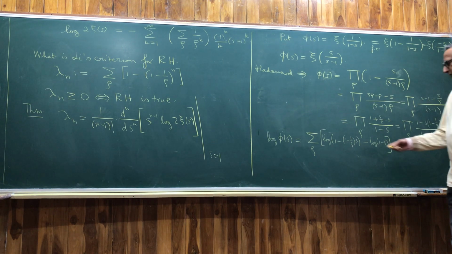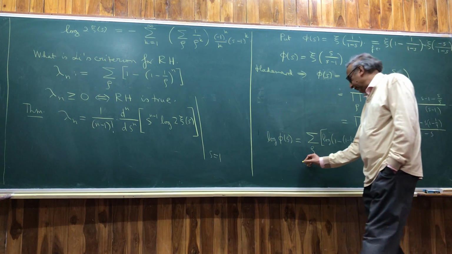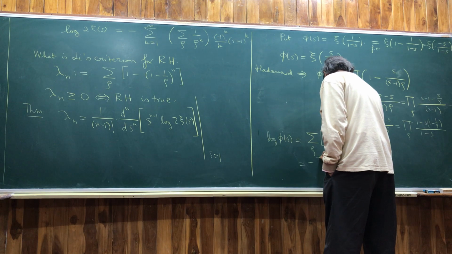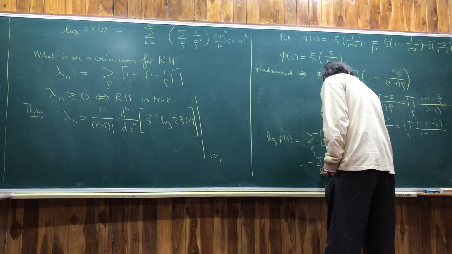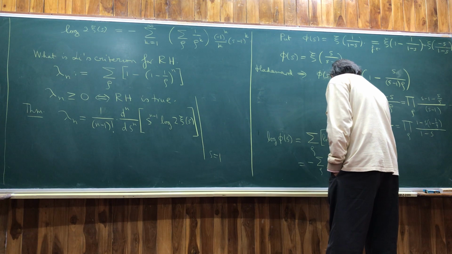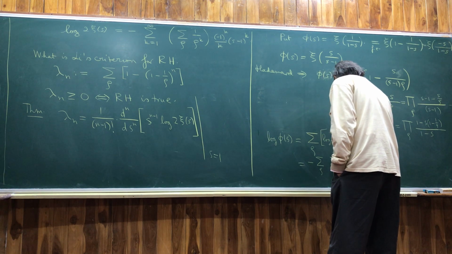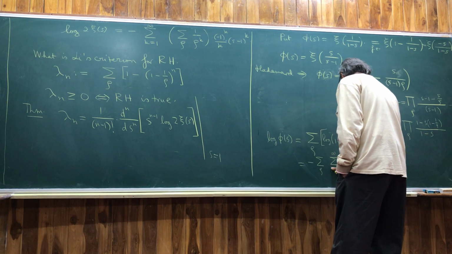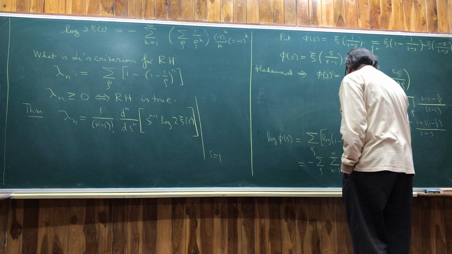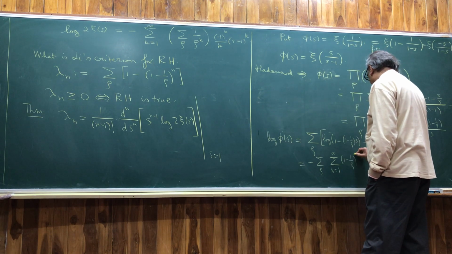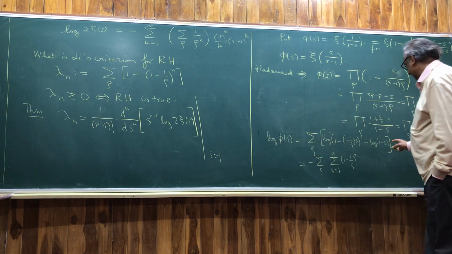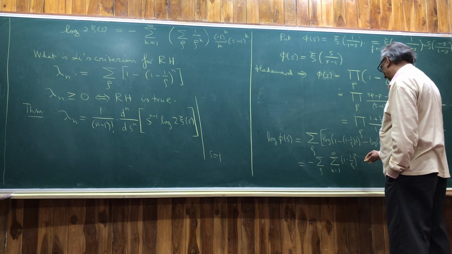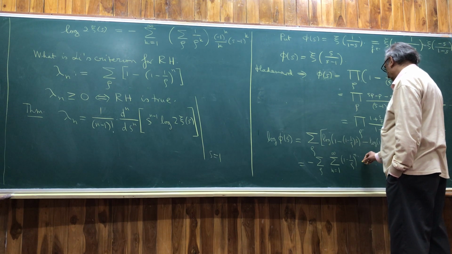And now we have expansions for log of 1 minus x, so we just use that. What did we decide? It's a minus sign, I keep forgetting the minus sign, rho, and here we have the summation n going from 1 to infinity of 1 minus 1 over rho to the power n.